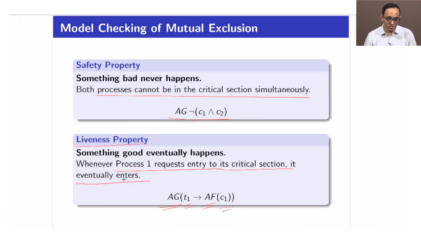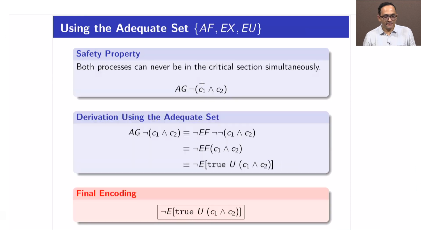Now let us see. I want to label the nodes for this property and check whether it is satisfied by this model or not. The property that I am going to label is this, but since I am only taking the adequate set AF, EX and EU, I have to rewrite this in terms of these, and this is what I have done here.